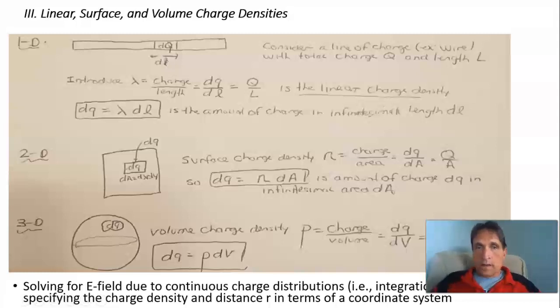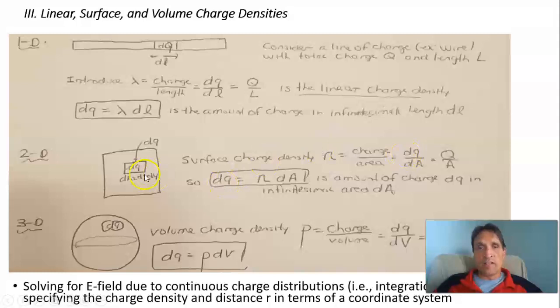Okay. So in 2 dimensions, instead of length, we're dealing with area. For example, a sheet of charge, and we can define this surface charge density, which they call eta. It's a squiggly N, a Greek N. That's the charge per area, which is total charge over the area of the surface.